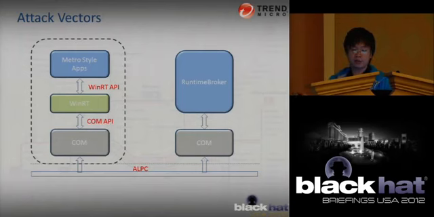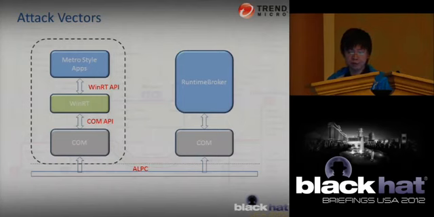Metro style apps are based on WinRT, and WinRT is basically a COM-based API, and Metro style apps communicate with the runtime broker through COM interfaces. The runtime broker is using COM to receive information as well.